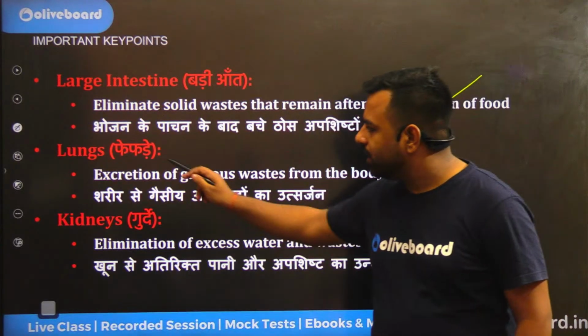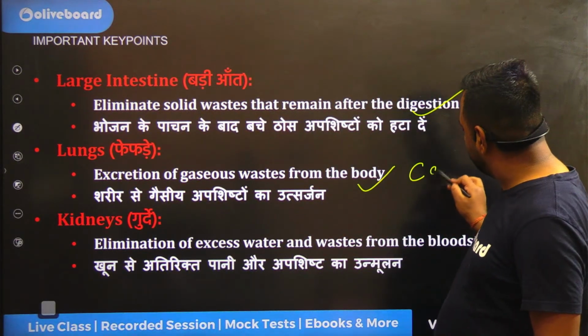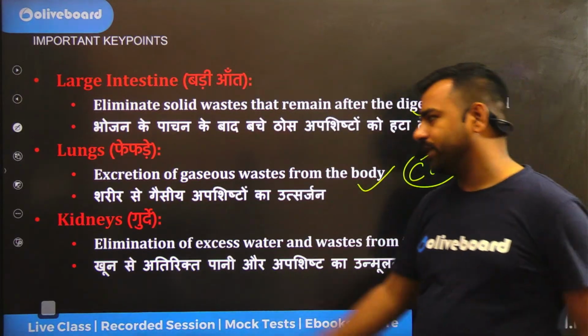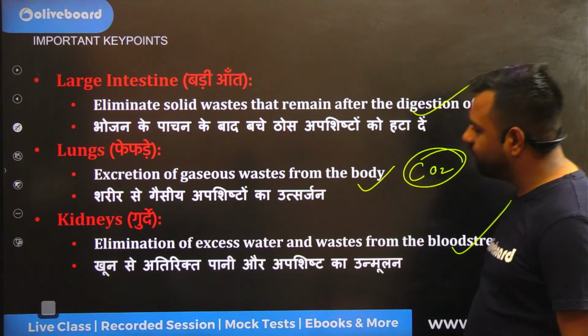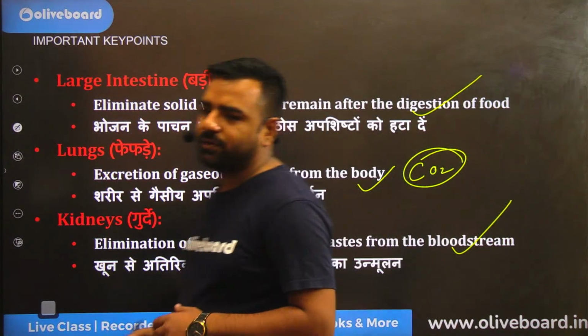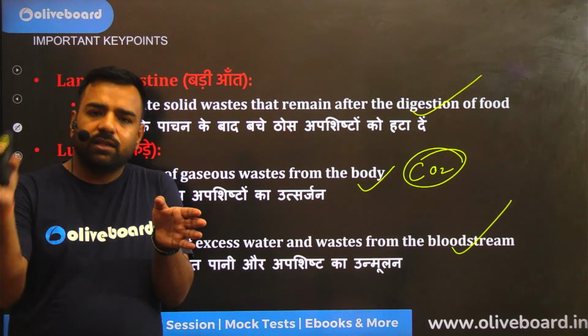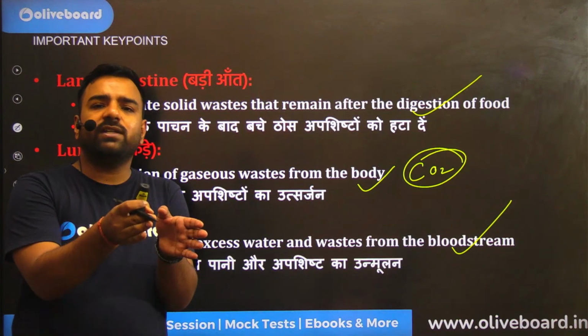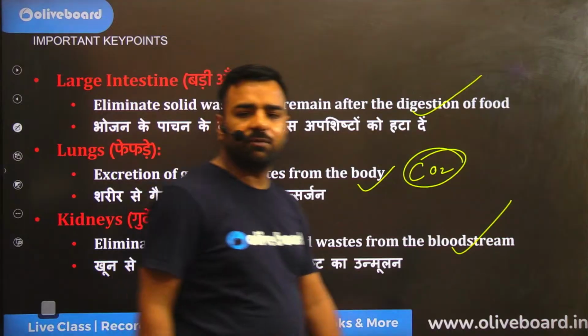Then, lungs: the excretion of gaseous waste from the body, and that's exactly carbon dioxide. Then kidneys: the elimination of excess water and waste from the bloodstream. So from the bloodstream, the excess water actually does what? That excess water is included with the waste that was filtered out from the blood, and that's excreted out with the help of the kidney only.